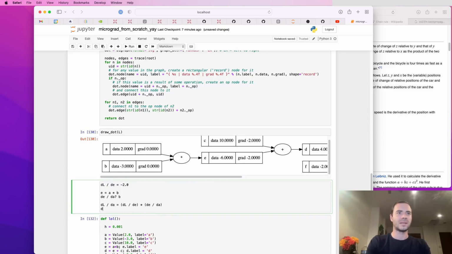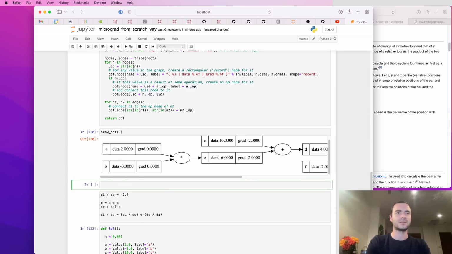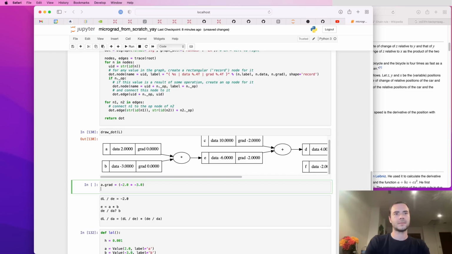So basically, we have that a dot grad, and we are applying the chain rule here, is dl by de, which we see here is negative 2, times dE by dA, which is the value of B, negative 3. That's it.